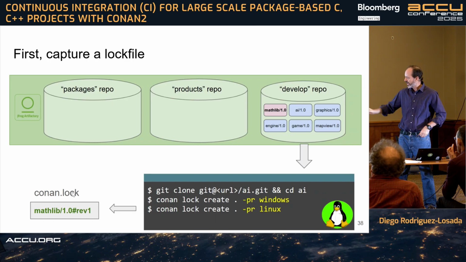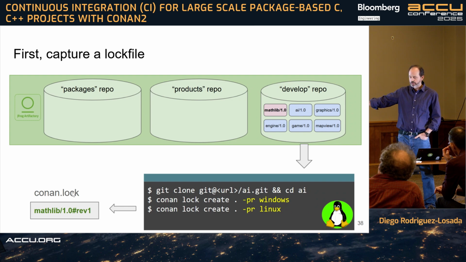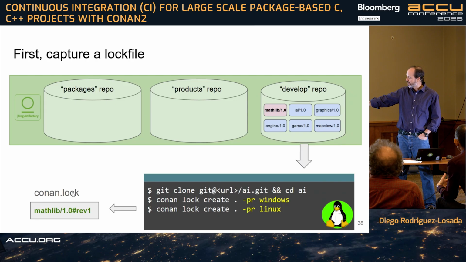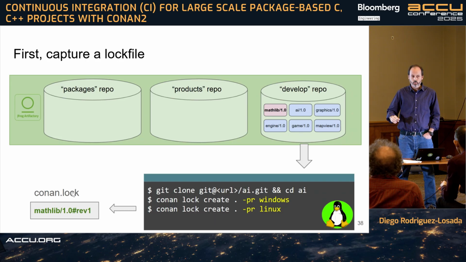So the question is, here I was running two lock create operations, and the question is if it creates a single file. And the answer is yes. The Conan lock create is cumulative. The first Conan lock create will already create a Conan lock with some contents, right? The second Conan lock create for Linux will find the existing lock file and will extend it, will augment it.